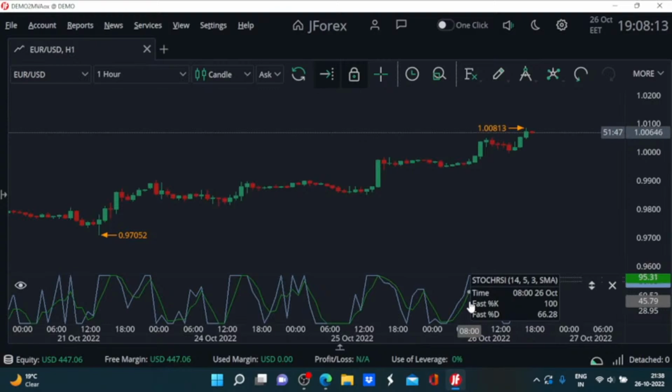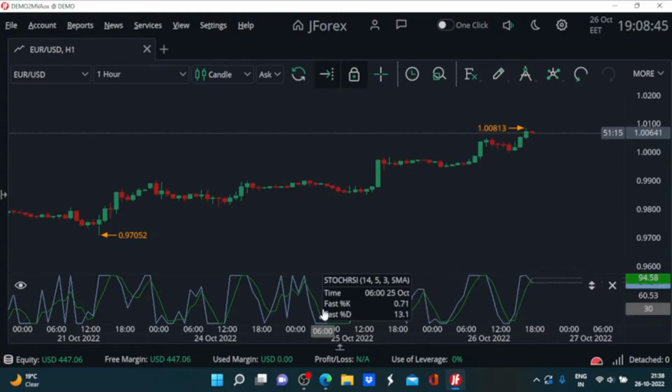And on the opposite spectrum, if we have the output value dipping below 50 from above 50, then that can be construed as a sign of a possible move further on the downside, the strengthening of the bearish grip on the underlying instrument. So both these possibilities can also be exploited while using this indicator.